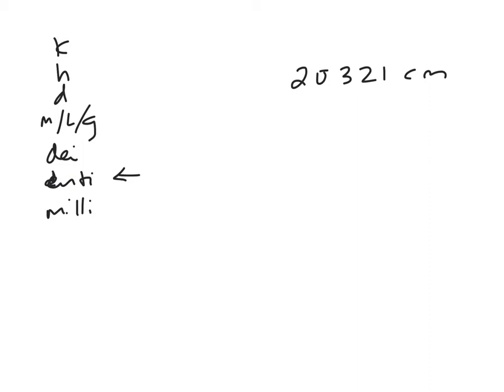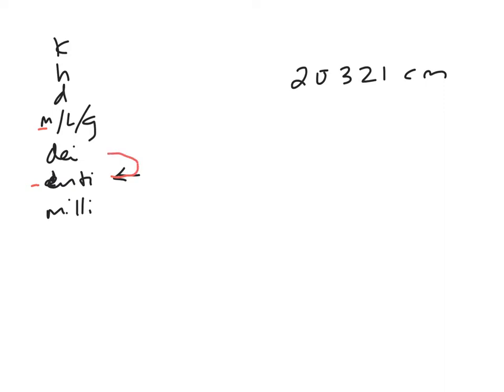If I go to the hardware store and say, I want 20,321 centimeters of baseboards, they're going to look at me and say, yeah, you're cracked, woman. So I'm going to think to myself that it'd make a lot more sense if I converted that to meters. Well, meters are here. How do I get from centimeters to meters?